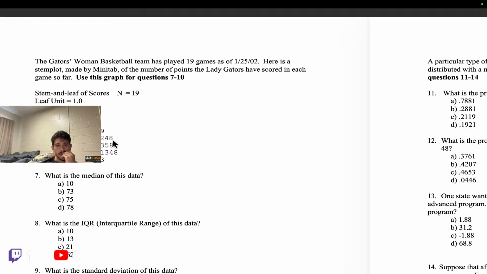Seven. 8, 9, 10. 7.5 or 75. You'll see. IQR. 75 is a median.